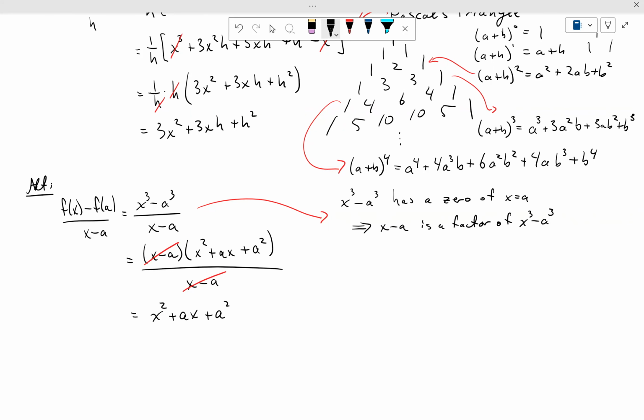And then after that, you can do synthetic or long division to get the result. Some people have also memorized how to factor a difference of perfect cubes. Also, sums of perfect cubes you can factor as well. But that's something to think about. All right. We'll stop there and then start looking forward to the next example.